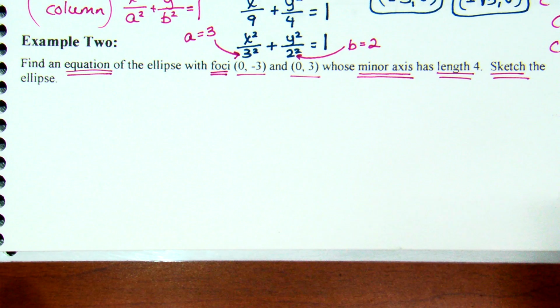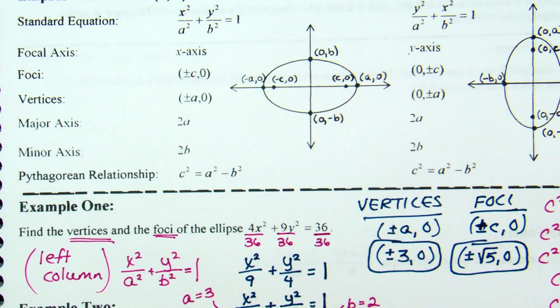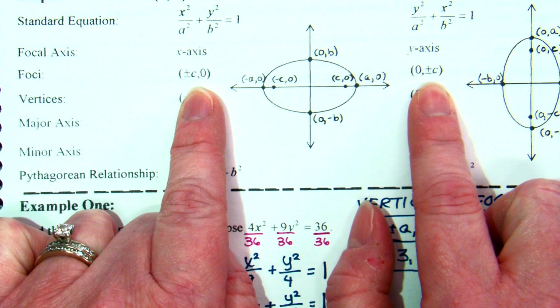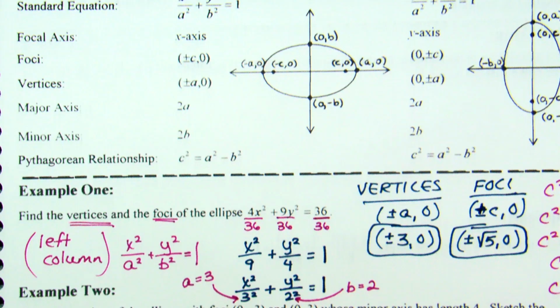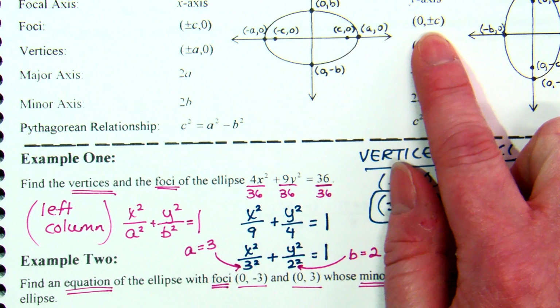If you go up to the chart up here, my foci, depending on which column I look at, are either plus or minus c, 0, or 0, plus or minus c. Because they're 0, I know that this is centered at 0, 0. So I know this is not moved. Ours are 0, number. Over here on the right, it's 0, plus or minus c.